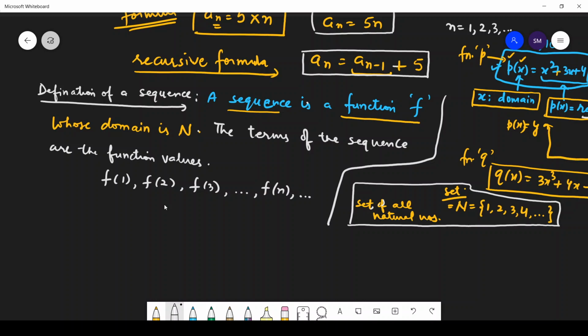Now the terms of a sequence can further be written as a1, a2, a3, and an. This is the first term of the sequence, a1. Now this is the second term, a2. a3 is the third term, and in general an is the nth term of the sequence.